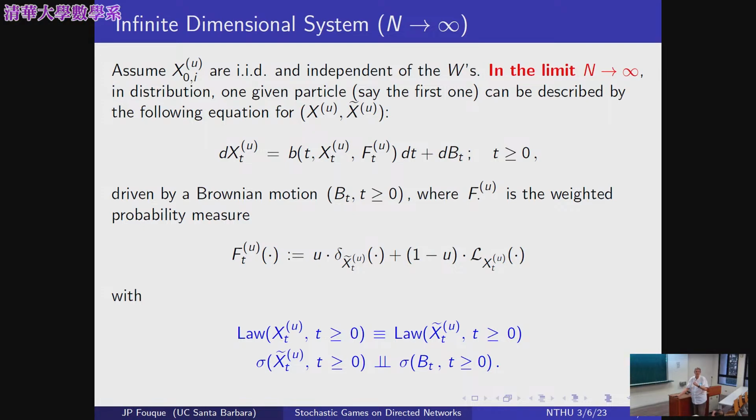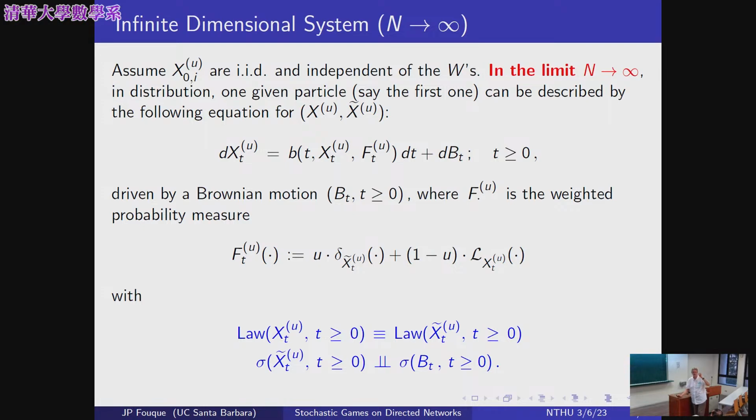You are affected by the mean field. Now, as the opposite, if u equals 1, then this is a directed chain. There is no mean field anymore, and this is what's going on. You are affected by the distribution of someone, another agent, not independent, but this agent is independent of that Brownian motion.